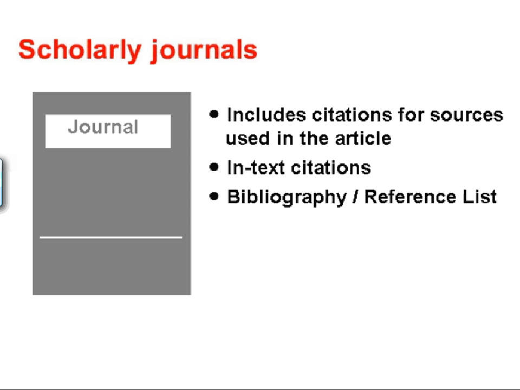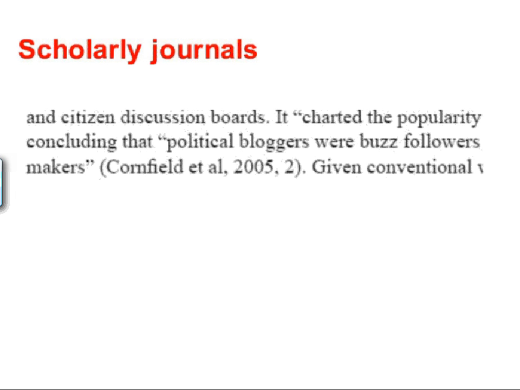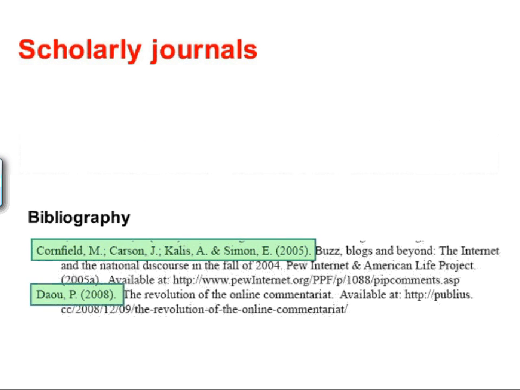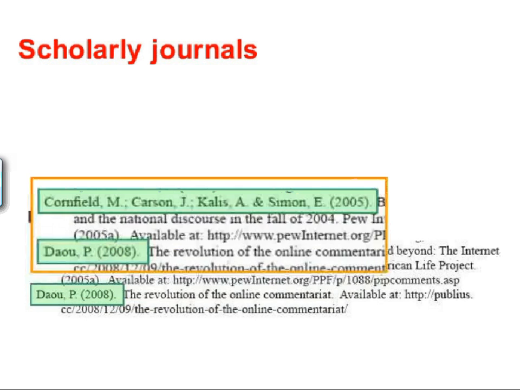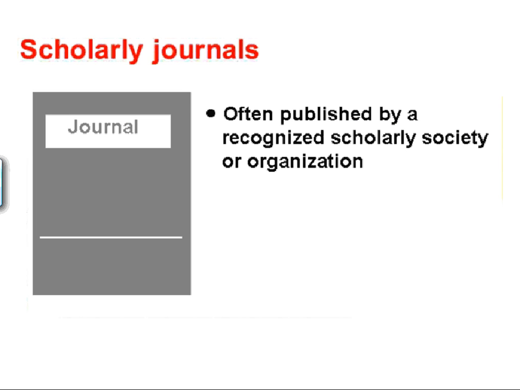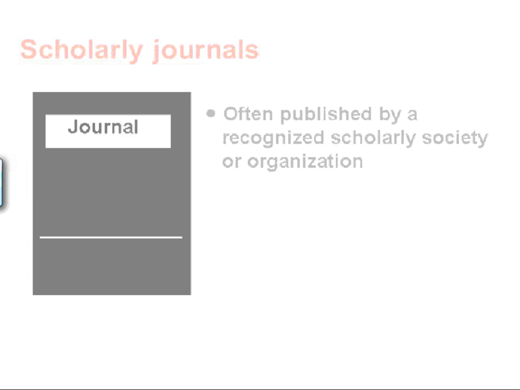And when the author refers to ideas, concepts, or quotes from other articles and research, they will include citations to the original sources. This is done by including in-text citations throughout the article, and by including a complete citation to the original source in the article's bibliography, also known as a reference list. And scholarly journals are often published by a recognized scholarly society or organization.